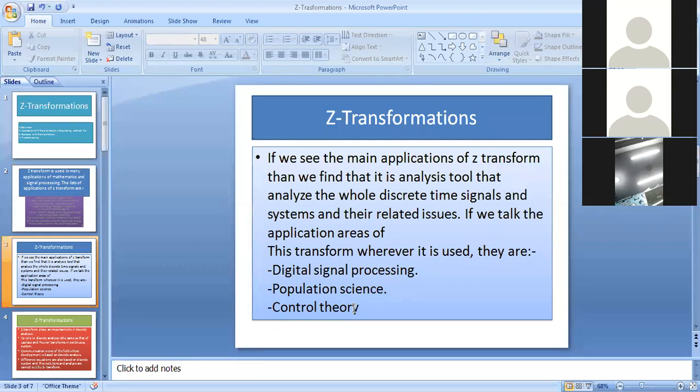You must know control theory, which uses dynamical systems, maybe linear or non-linear systems. These are very important topics in engineering.